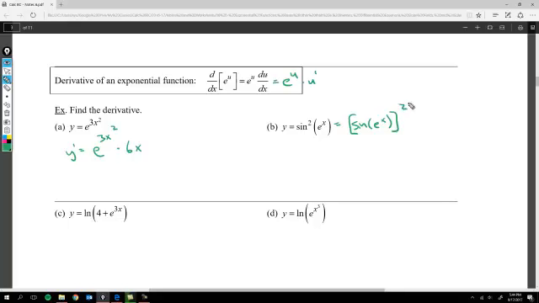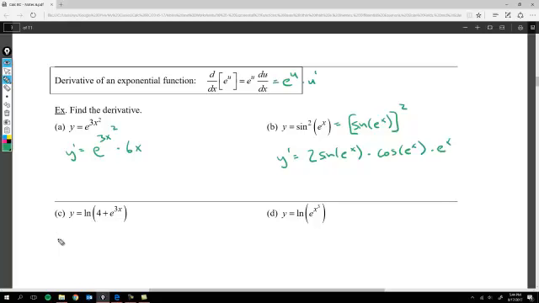I really have 3 layers here: the squared, the sine, and the e to the x. So y prime is 2 sine of e to the x times cosine of e to the x times the derivative of e to the x, which is just e to the x. So we had 3 layers and we got 3 parts to our problem.